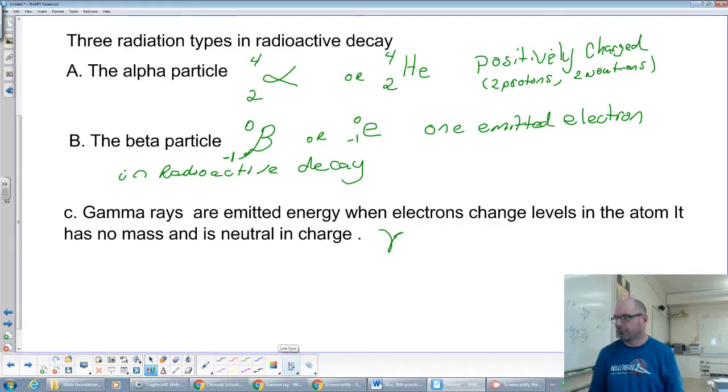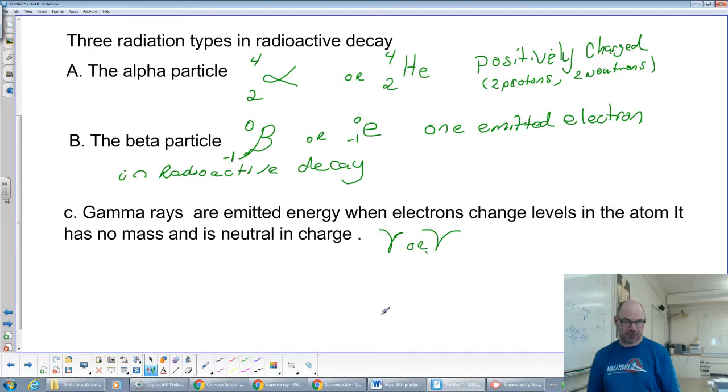Similar to this one, but laid over, no mass to it. Okay, no charge to it, so nothing around it. Just gamma radiation. Sometimes it's written in the capital letter form, kind of without the loop, just a capital letter.